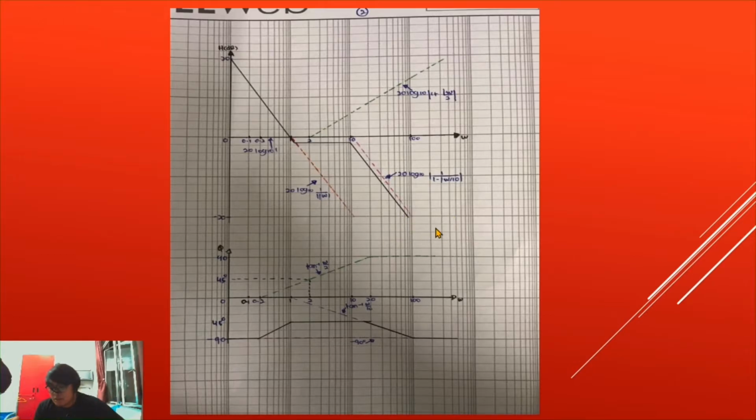Next, the pole at the origin. It is the third row in the table, with a frequency of 1. So we can see this one is the pole at the origin.